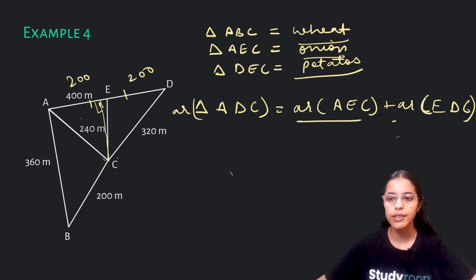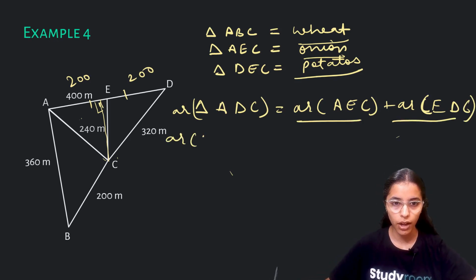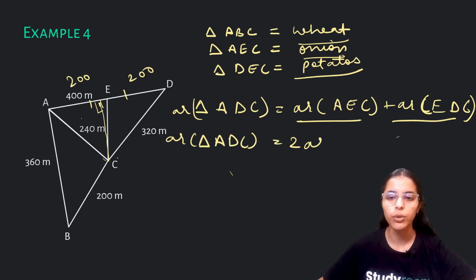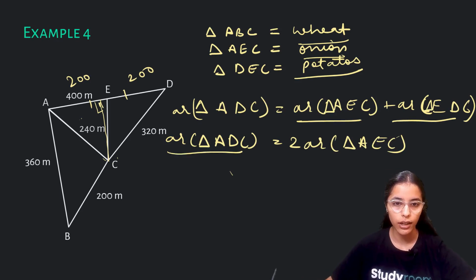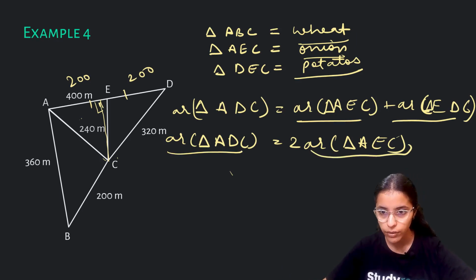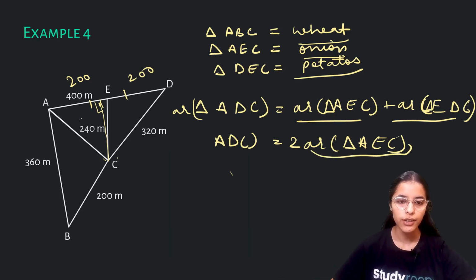So now since these two triangles are equal, area of triangle ADC can be written as 2 into area of triangle AEC. Hence we can easily find out the area of ADC since all the sides are known to us, and then divide by 2 to get our area of AEC. So let us do that.